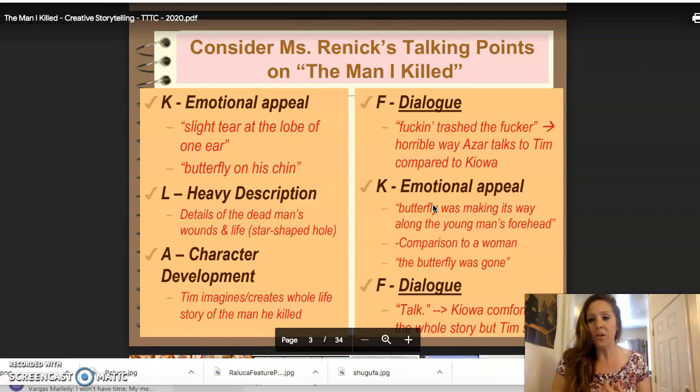You feel like he was just so helpless and so unprepared for war, and he didn't want to be there. And then the butterfly is gone. So it's almost like, wow, the butterfly is symbolic of his spirit, his soul leaving his body at that time. Maybe he was still kind of there, or his soul was lingering on. So again, such a powerful image.